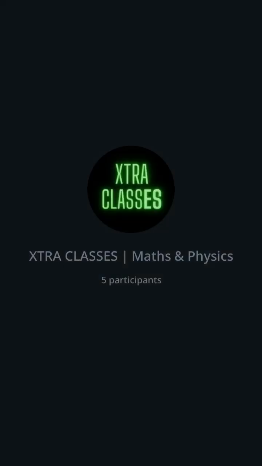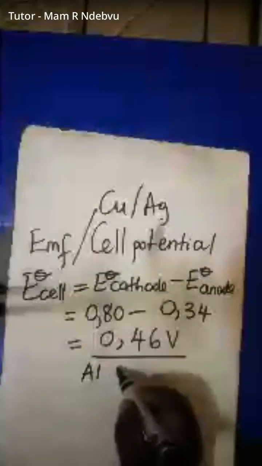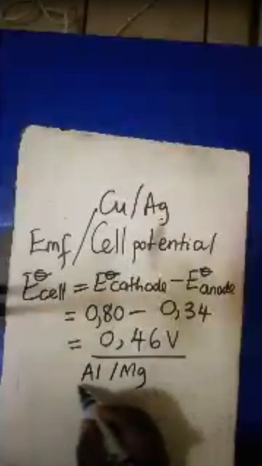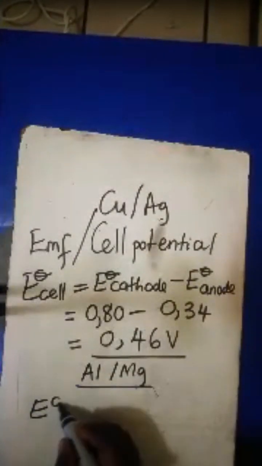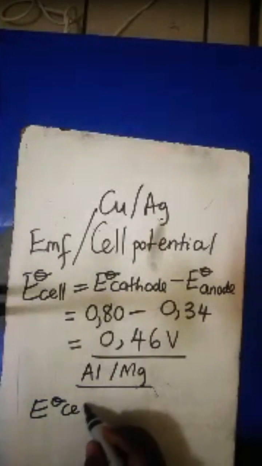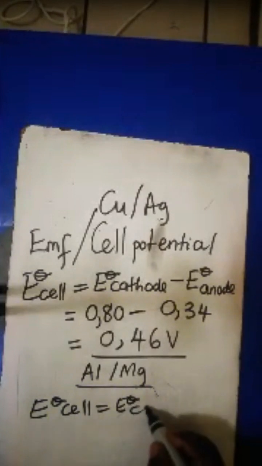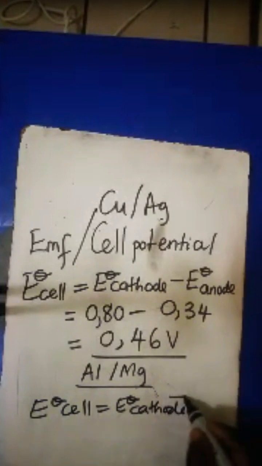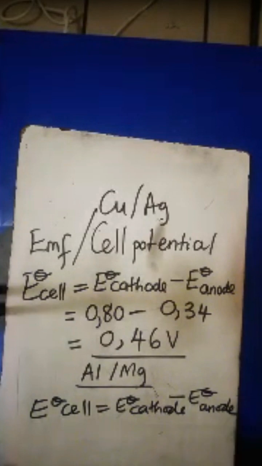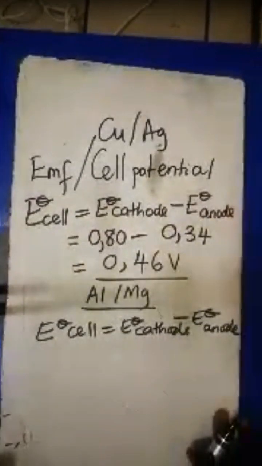Let me do the E theta cell for aluminium and magnesium. First things first, please write your formula: E theta cathode minus E theta anode. So who is the cathode? You guys said it's magnesium, am I correct?